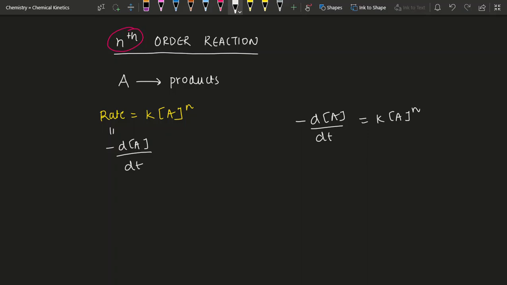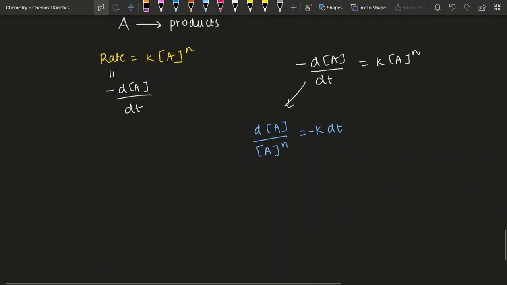Take all the A terms to one side and all the other terms to one side. So that will give you negative of dA over A to the power n equals k dt. One thing you can also do is take the negative sign from the left hand side and put it on the right hand side.